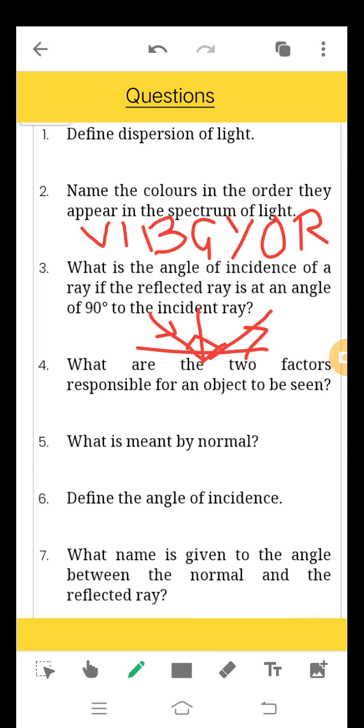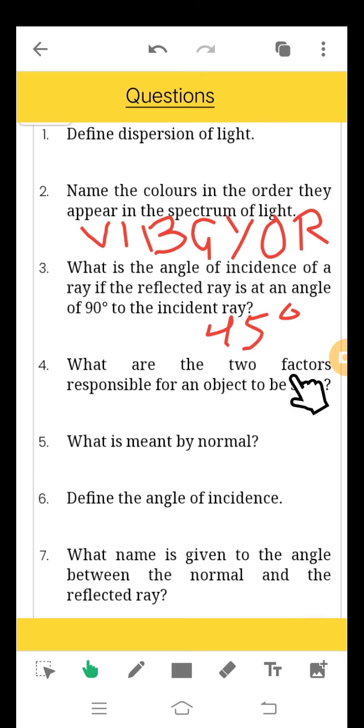According to law of reflection, these two angles are equal. If total is 90 and these two angles are equal, each angle should be 45 degree. So the angle formed by incident ray and the normal is 45 degree.